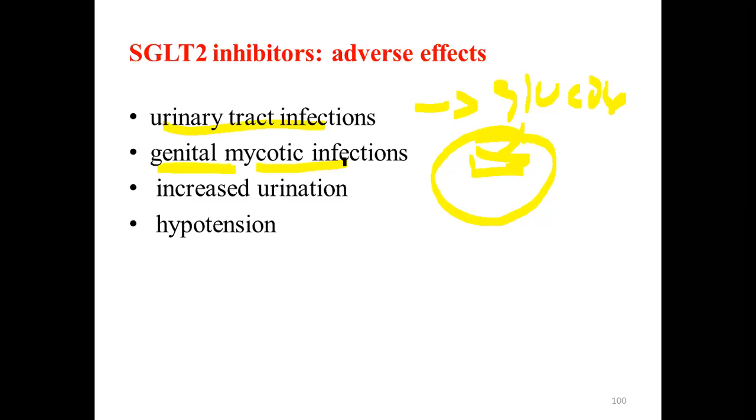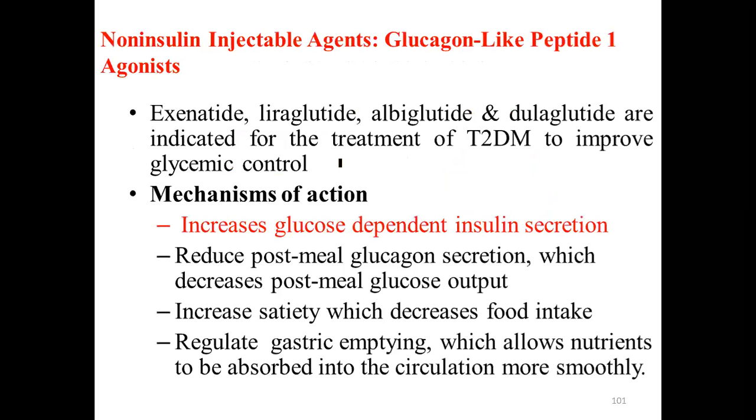So the oral cavity and the genital area are moist areas, which are a good environment for the growth of candida species. So when you increase the glucose level, it is a good environment for candida to grow and cause a superinfection. So genital mycotic infections are also common as a result of SGLT2 inhibitor use.